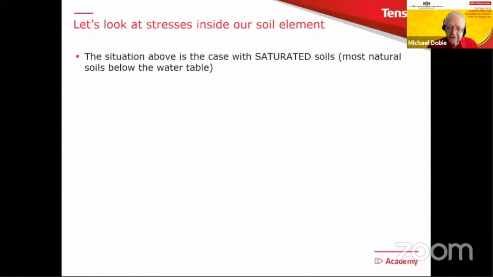Now, I haven't quite finished with the soil element. I just want to do one more thing. So far, this situation is a saturated soil, so this is what's going to be happening for natural soils below the water table, rather like the embankment we saw earlier on in Malaysia.